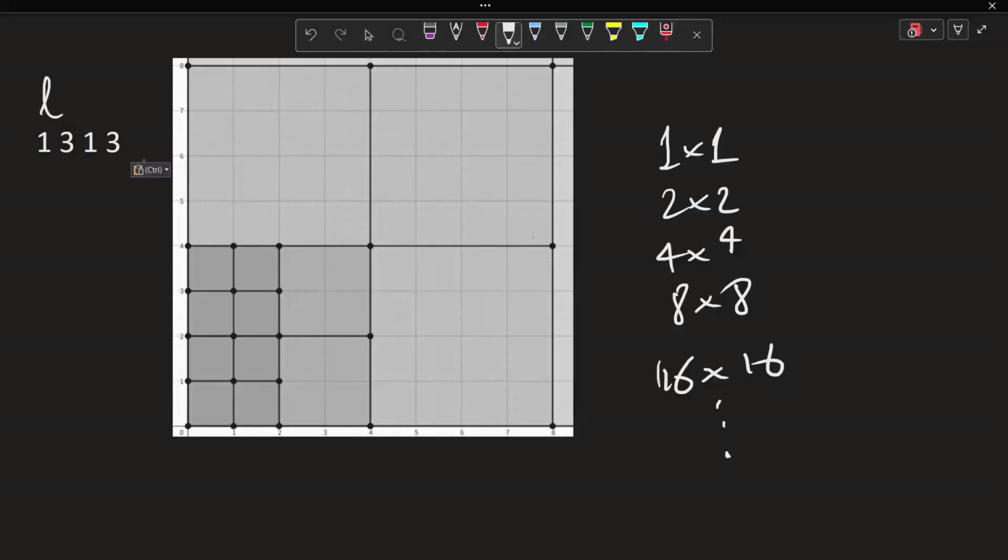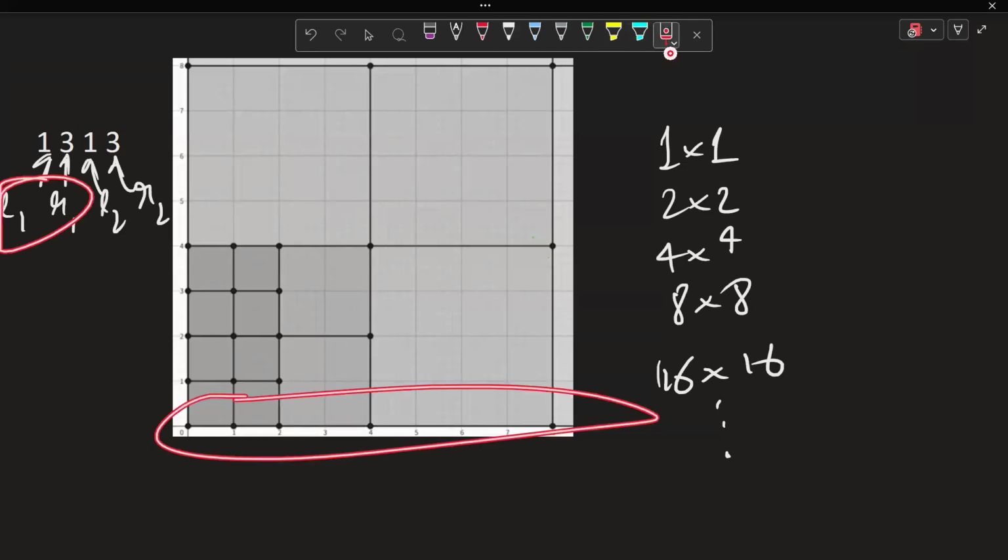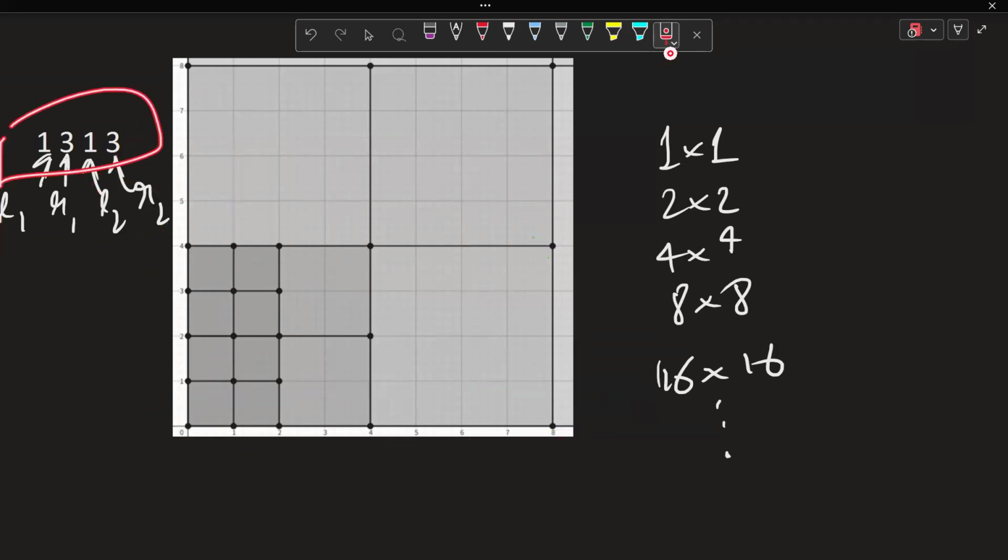So that represents, this is L1, this is R1, this is L2, this is R2. L1 R1 is the range of X, L2 R2 is the range of Y. So this represents this square.